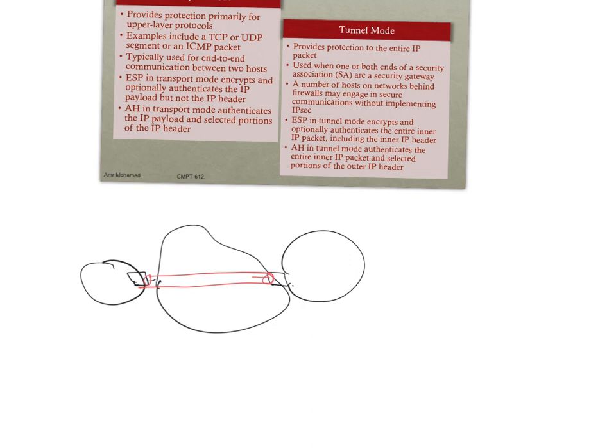host-to-host communication, the IP header, here in the frame there is the IP header, and this IP header contains the source IP address and the destination IP address, right? So in which case the IP address that exists in the IP header aligns with the source and destination IP address of the tunnel of IPsec. So in that case we call it transport mode security.